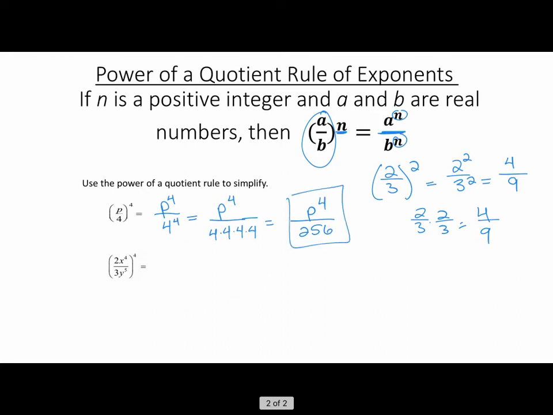In the second example, we have a quotient to an exponent, so that means that each part of the numerator gets that exponent, and each part of the denominator gets that exponent.